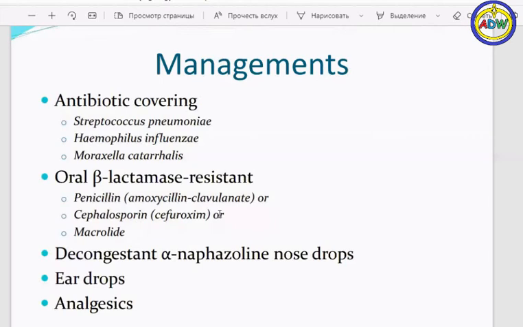In your mind, how can we use the antibiotics: orally, IV, or IM? If you have an opinion, you can write to me. Okay.